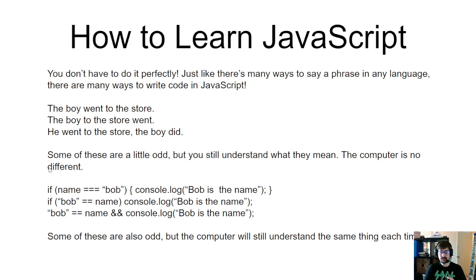An important thing to bear in mind too is the computer will not make fun of you for getting it wrong. So don't feel embarrassed if you write the code wrong. It'll give you a syntax error if it doesn't understand what you're saying, and it might not do exactly what you're asking. Like if you were asking someone in a foreign language if they could give you a box of biscuits, and you misspoke and asked them for a box of crackers instead, you're going to get a box of crackers.